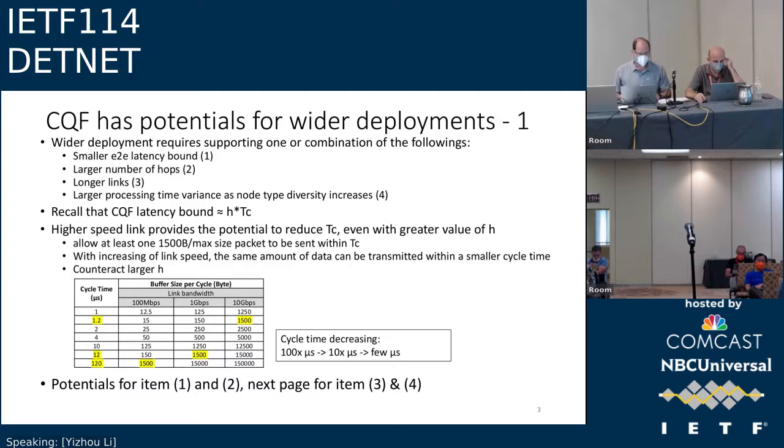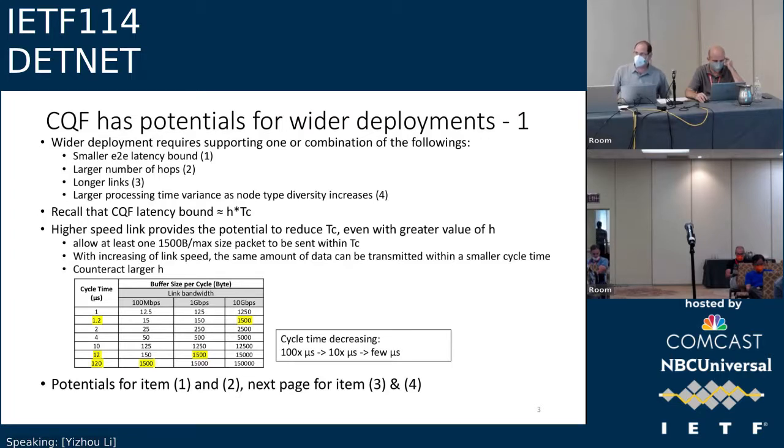And the fourth one is the larger processing time variance, because we are expecting different node types will be put as the intermediate nodes, such as different switches or routers from different vendors, or even some of the layer 1 equipment which are not visible at the layer 2 or layer 3.